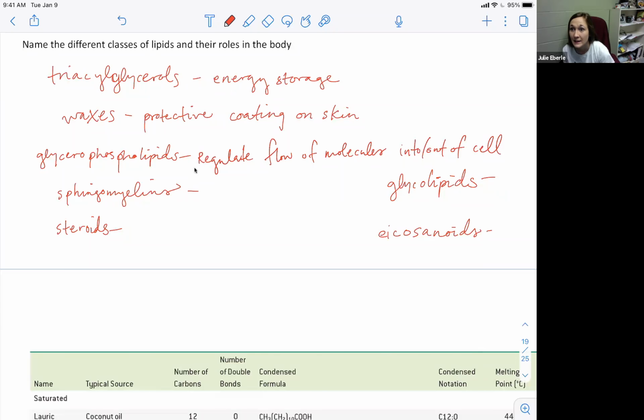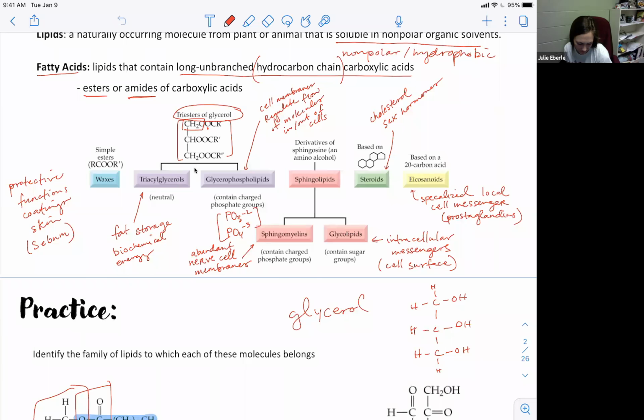I think of the myelin sheath on our nerve fibers. They're lipids that are a protective coating on nerve fibers. What else did we say?